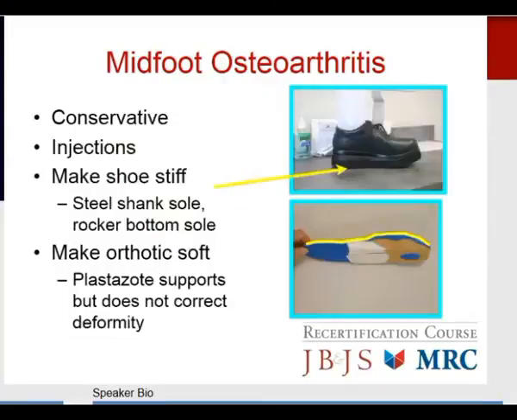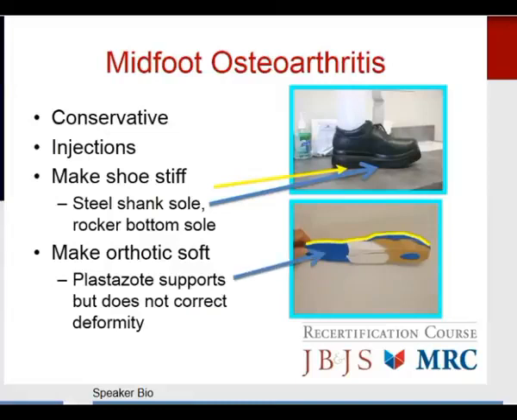If we look at conservative care, again, we're talking about foot arthritis. When we have an arthritic condition, we want to make the sole of the shoe stiff. It has no bending stress about it, and thus it takes the compressive stress off of those arthritic joints. However, in midfoot arthritis, we now can add an orthotic, which is not as effective in forefoot arthritis.